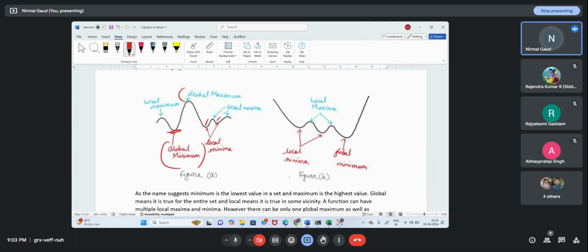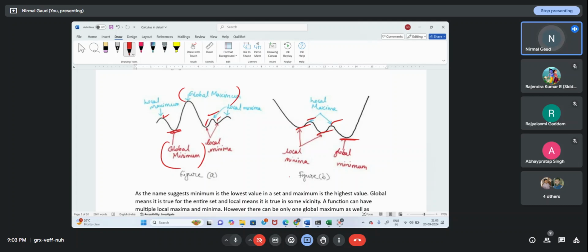The global is the maximum of all. See, this is also maximum, this is also maximum, but local. These are also local maxima. This is minima, this is minima, local. This is the minimum of all, global minima.